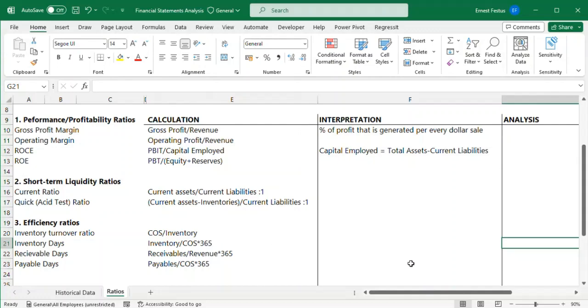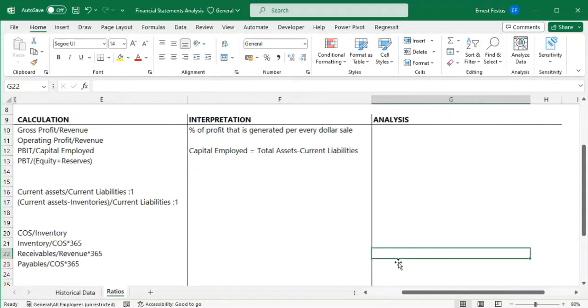I hope you are getting the logic behind it. And then also, if your inventory days takes a longer period, it may indicate an inefficient use of your inventory, your resources, and that might also result in the risk of your inventory deteriorating or becoming obsolete, out of date.